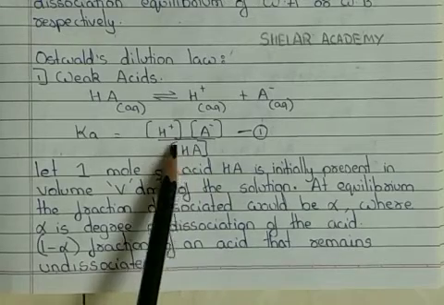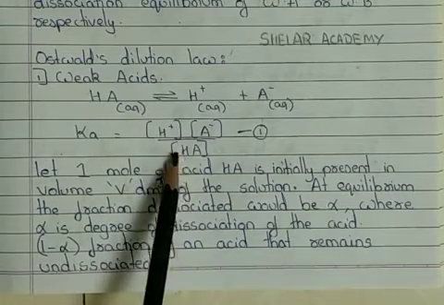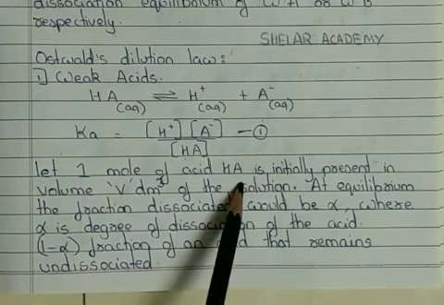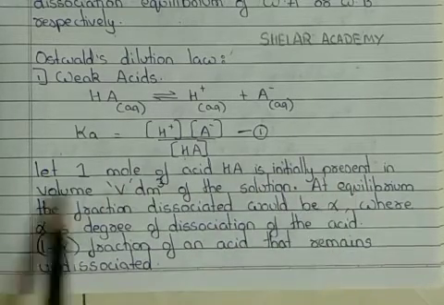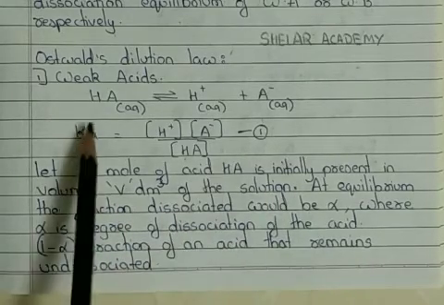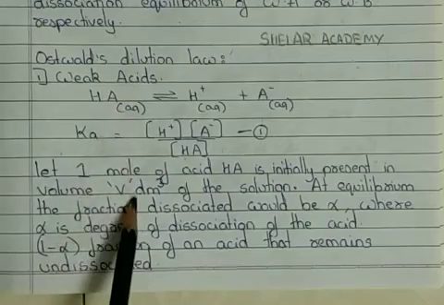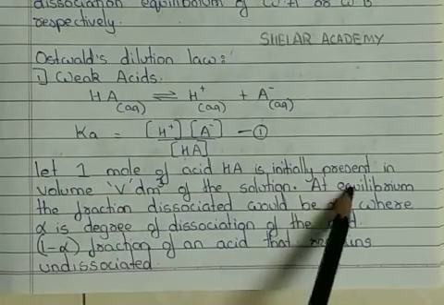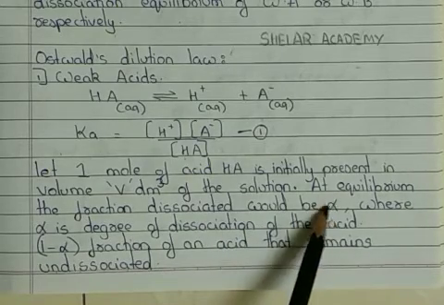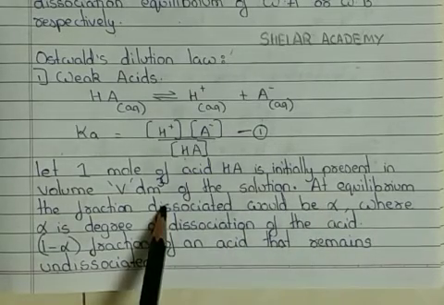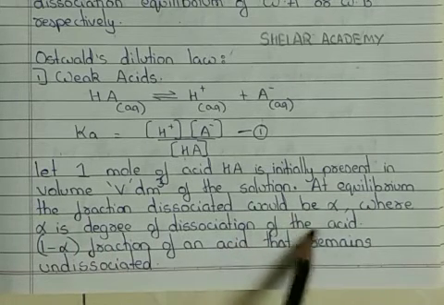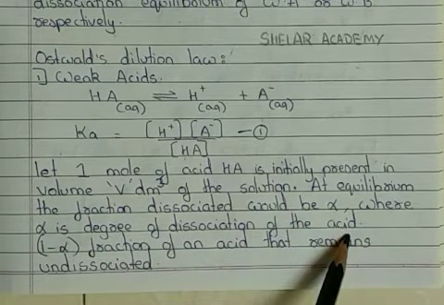Now further for the derivation we have to consider some points. What are they? Let 1 mole of acid HA be initially present in a volume V dm cube of solution. At equilibrium, the fraction dissociated would be alpha, where alpha is nothing but the degree of dissociation of the acid, as we have discussed in the last lecture.